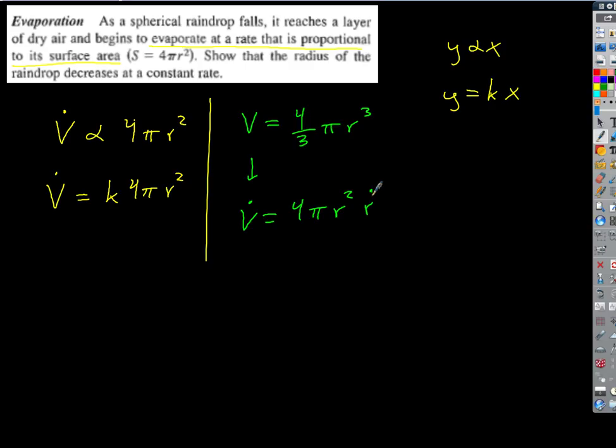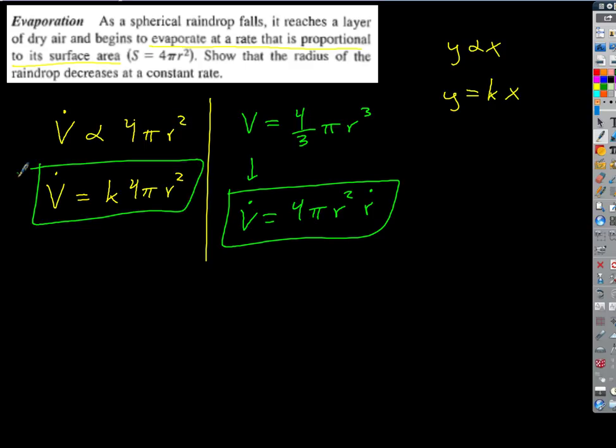By just doing calculus, by implicitly differentiating and relating these rates, this is always true for any sphere that's changing volume. In this particular case, they're telling us that the rate of evaporation is proportional to surface area, so that is also true. If I have an expression for V dot and another expression for V dot, those must be equal.